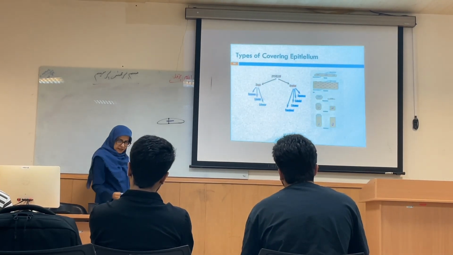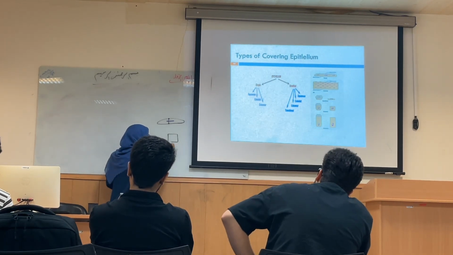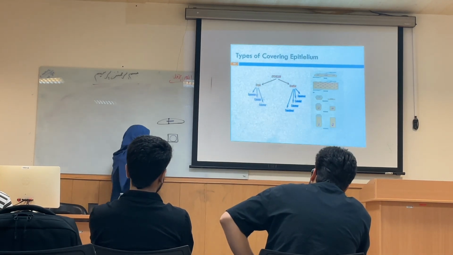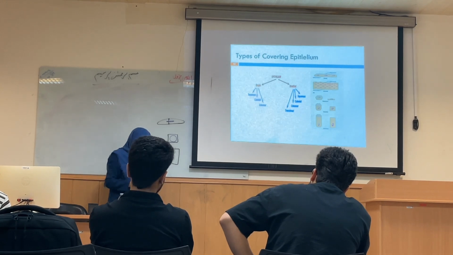The second one is the cuboidal. The height and width of the cells is equal. The nucleus is round shape, cuboidal shape. The third type is the columnar cells.